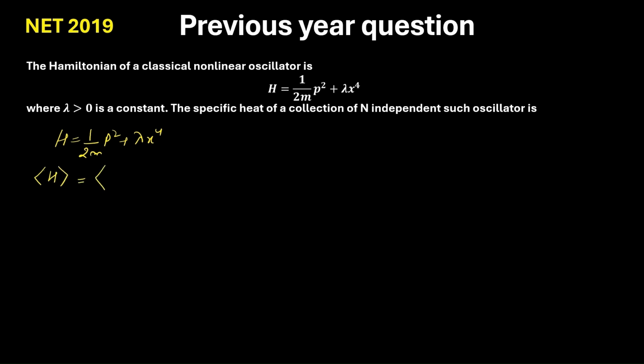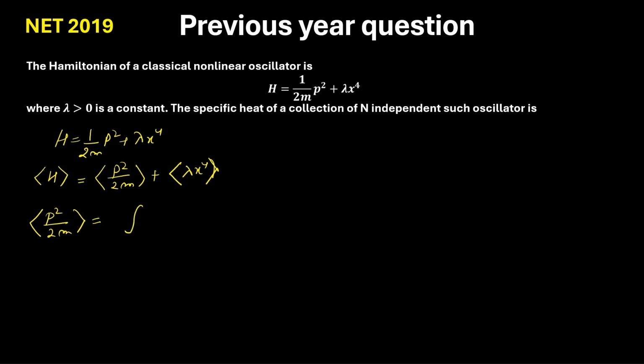So this will be equal to the average of the kinetic energy term and average of the potential energy term. Now, the average of the kinetic energy term will be given by, we have already discussed how to find the average value of kinetic energy term and potential energy term.